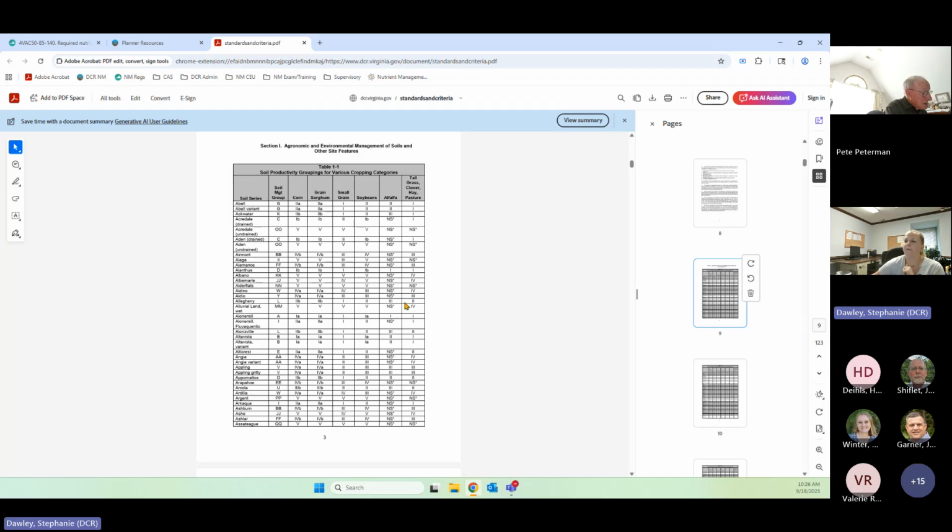So we have listed each of these for the soil series, and if you have some fields that are a mix of good productivity and bad productivity, it's going to affect what that yield end goal is, and that yield is how we base our nutrient needs.